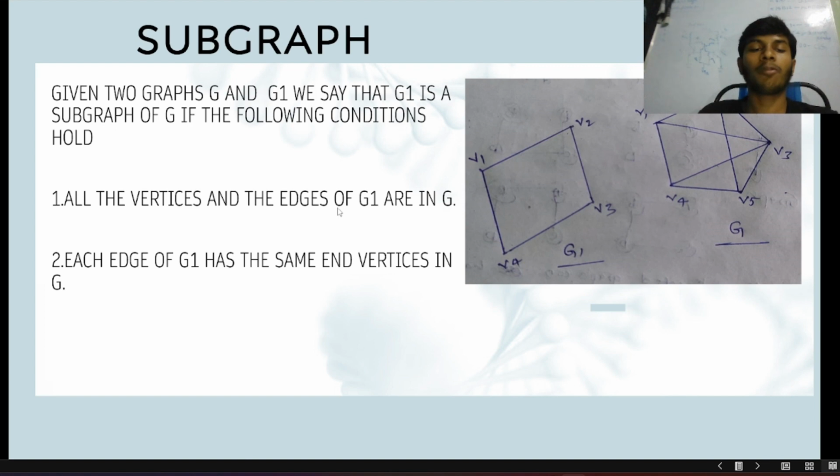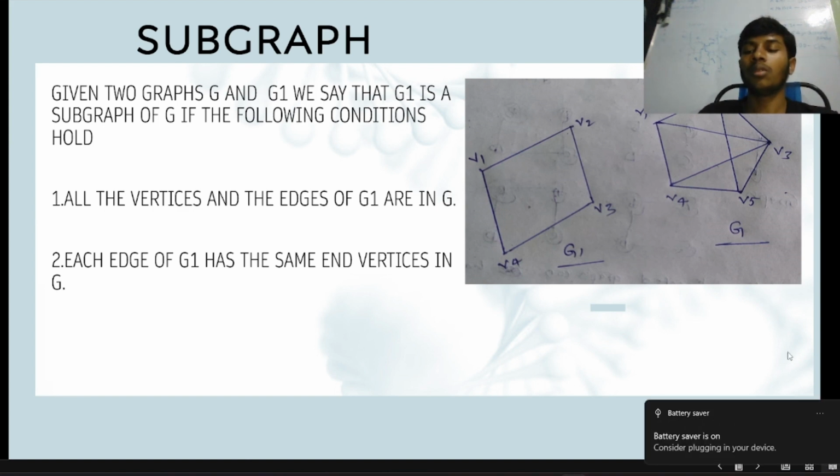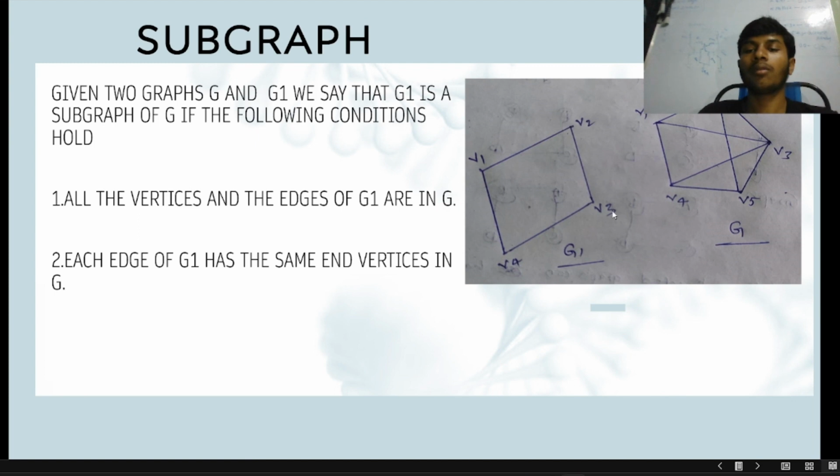Apply the first condition: all the vertices and the edges of G1 are in G. It means the vertices of G1, V1, V2, V3 and V4, should be in graph G. V1 okay, present, V2 okay, V3 okay, V4 okay. The first condition is satisfied: all the vertices of G1 are present in the graph G.